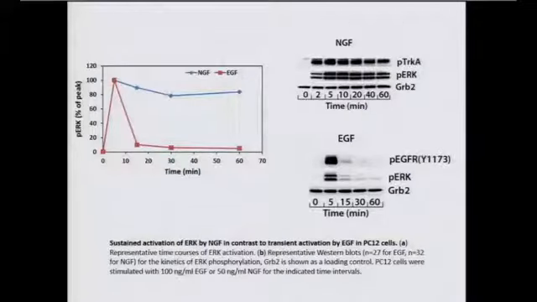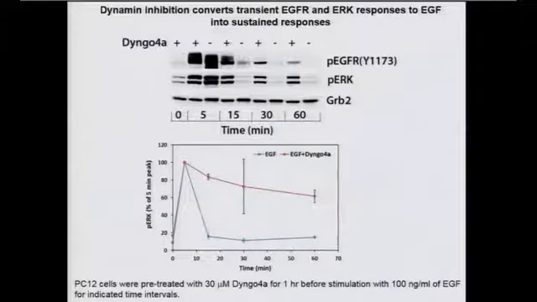And I'm not quite sure exactly why I put this in, but just an extreme case of this, and we've been working on this issue separately: if we look at NGF-induced activation of its receptor in blue and EGF activation of its receptor in red in PC12 cells, there's the dramatic difference between the sustained and transient. And we've been doing a variety of experiments in this context, including inhibiting internalization with Dynamin inhibitors.